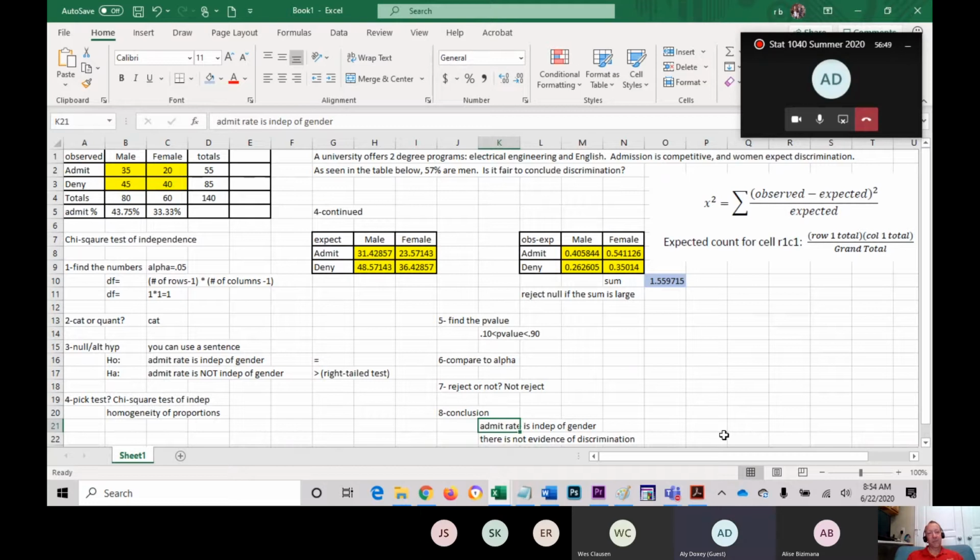We're comparing our p-value to our alpha, yes. And because the p-value is comparable to the alpha, because the p-value is greater than the alpha, that's what's causing us to not reject.